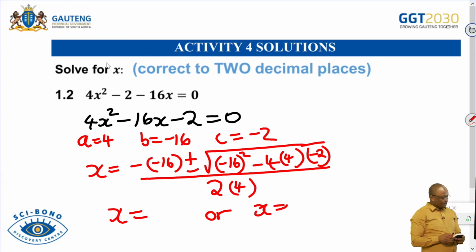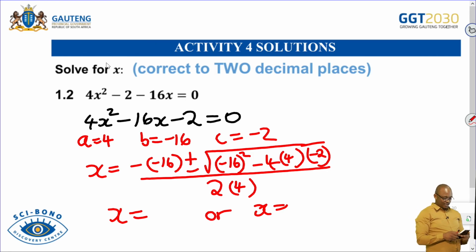Then you will have negative negative 16 plus the square root of negative 16 squared. Then you will have minus 4 times 4, and your c is going to be negative 2. Then your a is going to be 4.